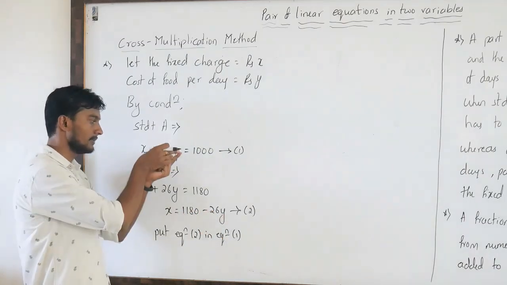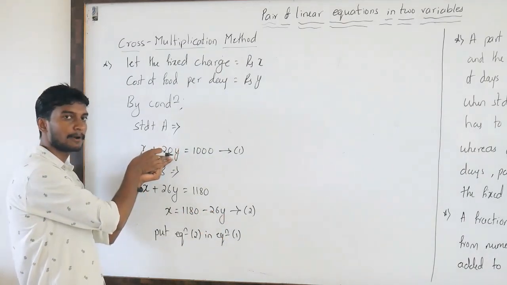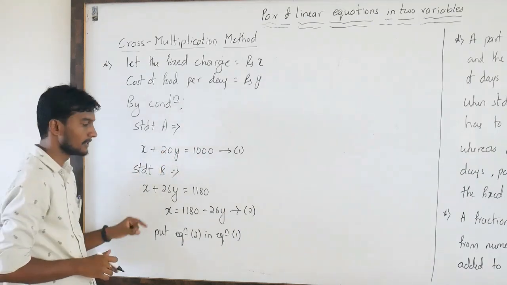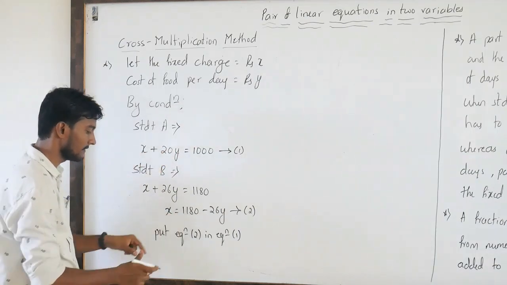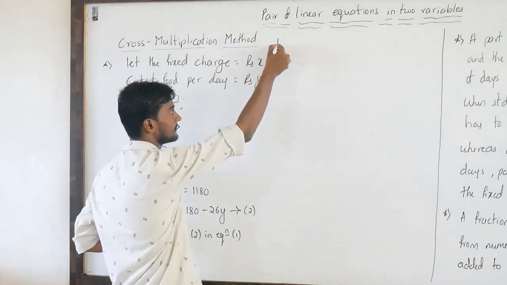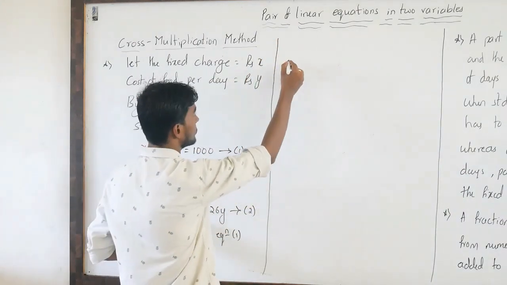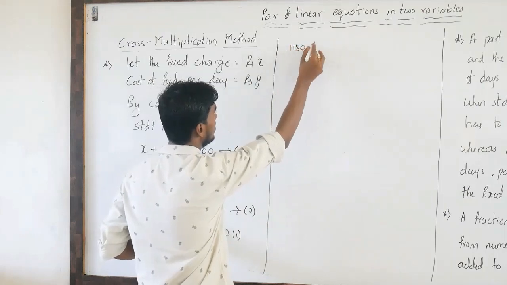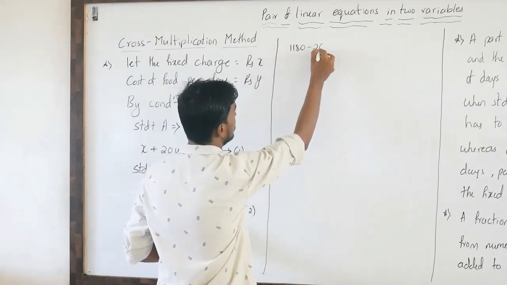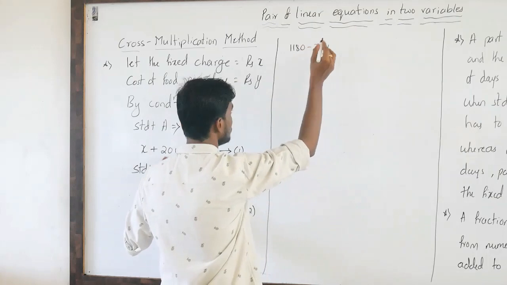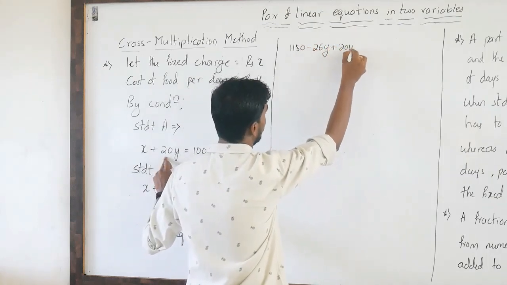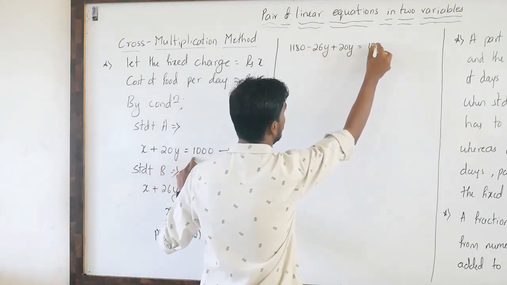Wherever x is there in equation number 1, you have to substitute this value. So in place of x, it becomes 1180 minus 26y plus 20y is equal to 1000.